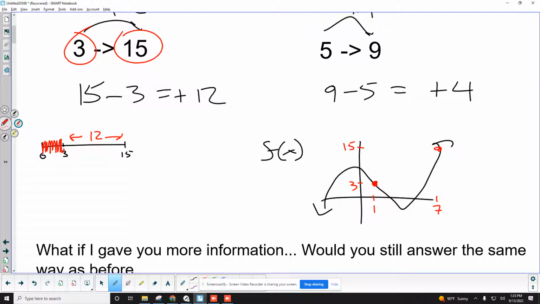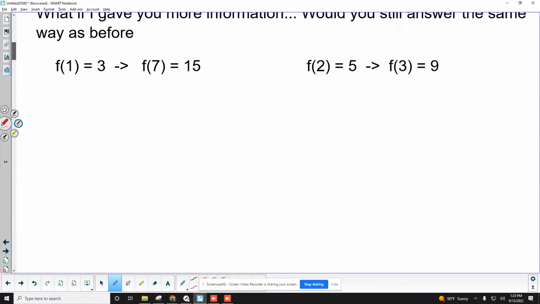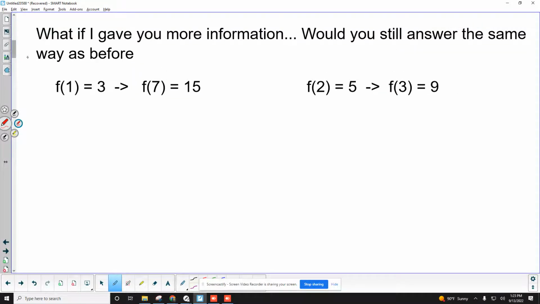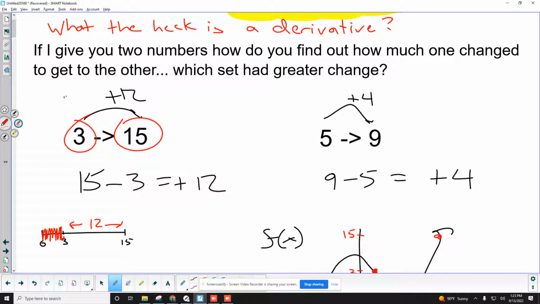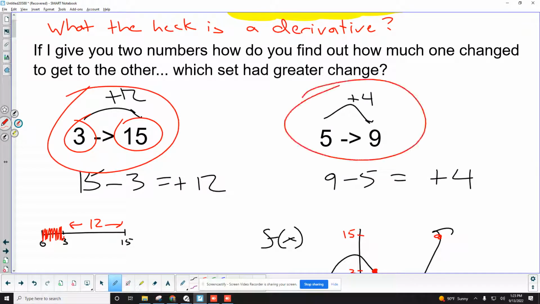So if we have this idea of a graph of a function with these points, these x, y's, let's see if our idea about change changes. We would say 3 to 15 is more change than 5 to 9. You know, plus 12 is bigger than plus 4.